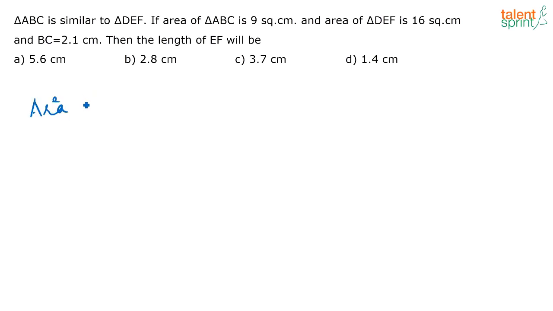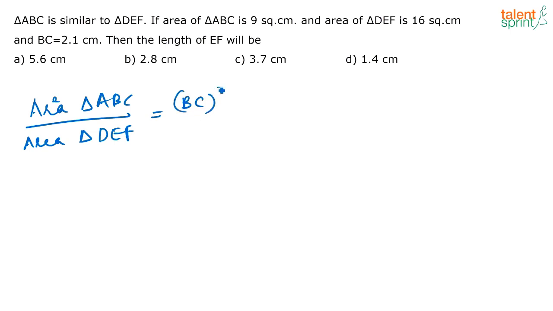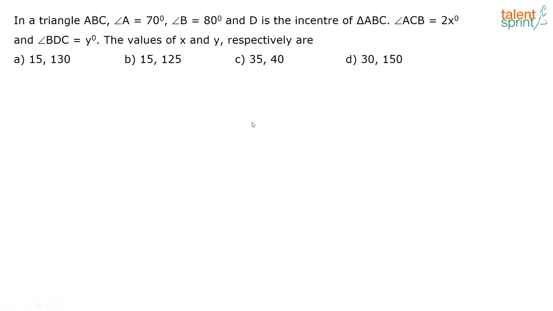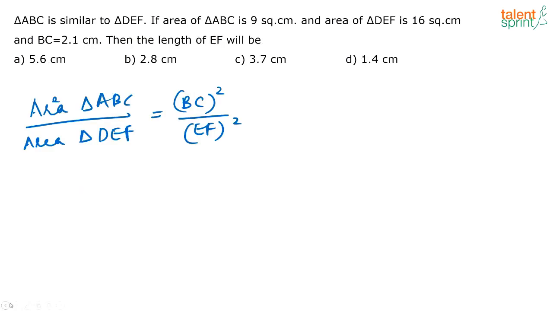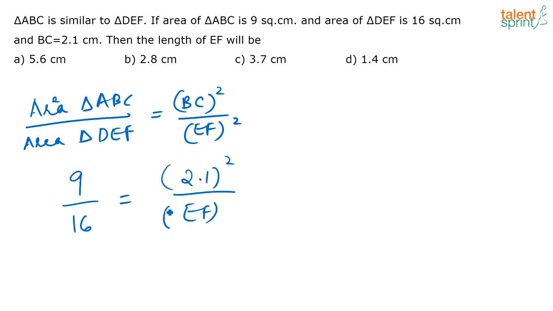Same formula to be used: area of triangle ABC by area of triangle DEF is going to be equal to BC squared by EF squared. So you know this is 9, 16, that is equal to 2.1 squared divided by EF squared.